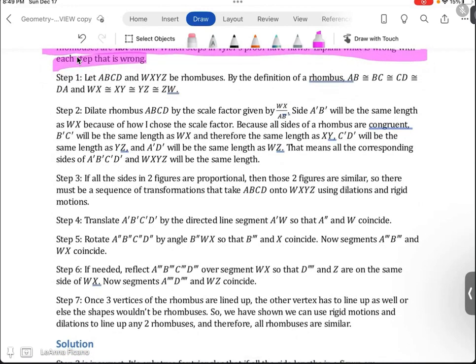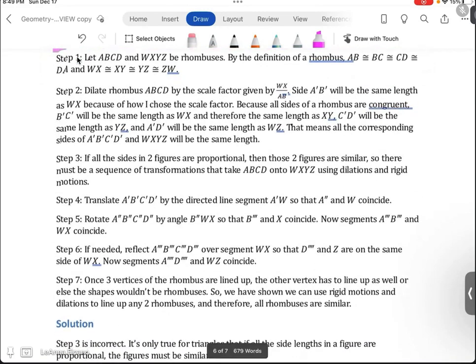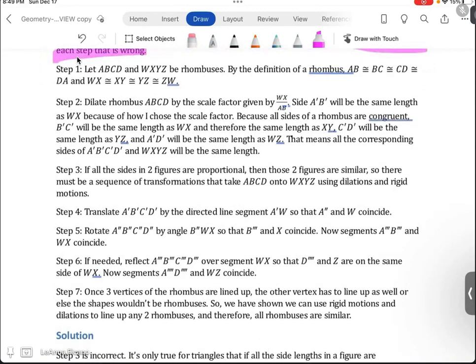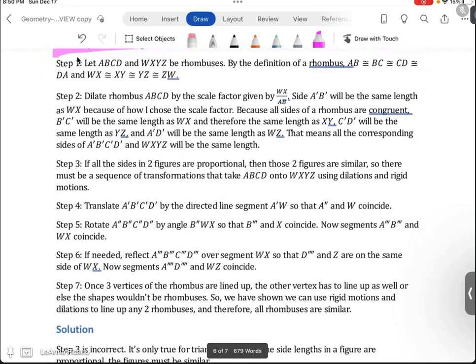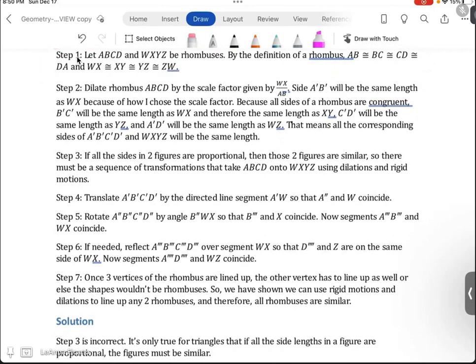C prime D prime will have the same length as YZ, and A prime D prime will have the same length as WZ. That means all the corresponding sides of A prime B prime C prime D prime and WXYZ will have the same length. Yes, that is true, if you are using a scale factor that's proportional the way that's set up, now all the corresponding parts are going to have the same lengths.